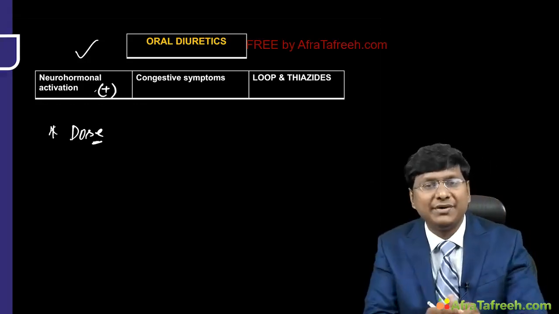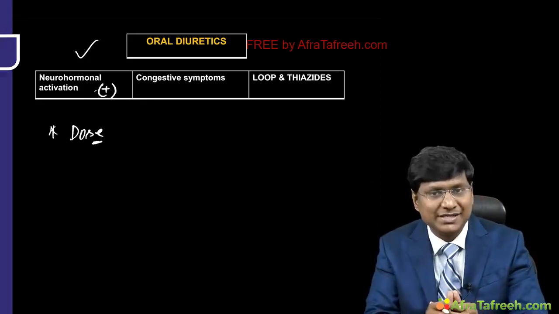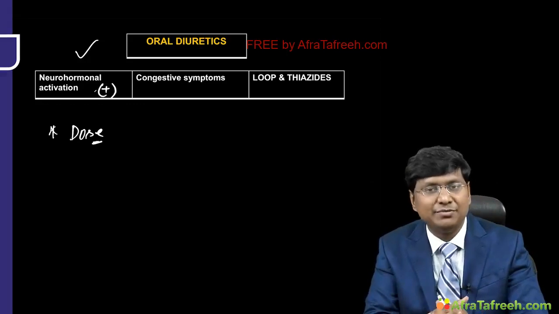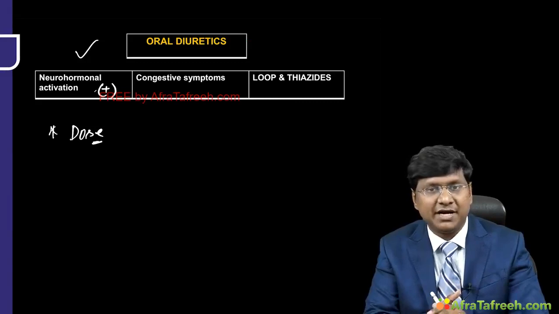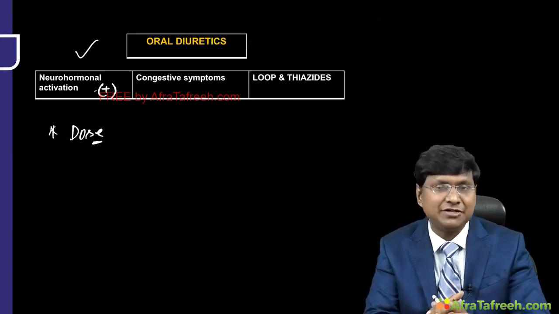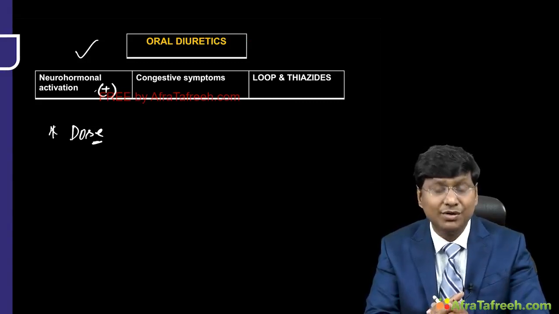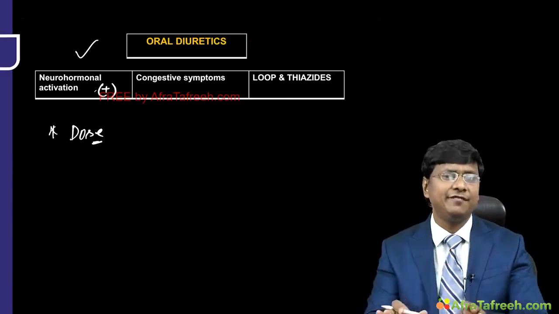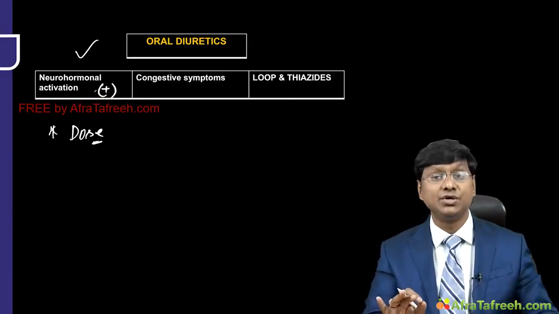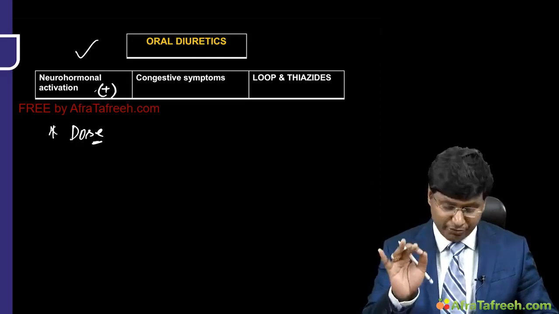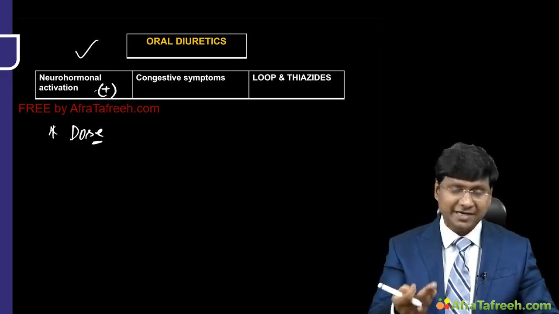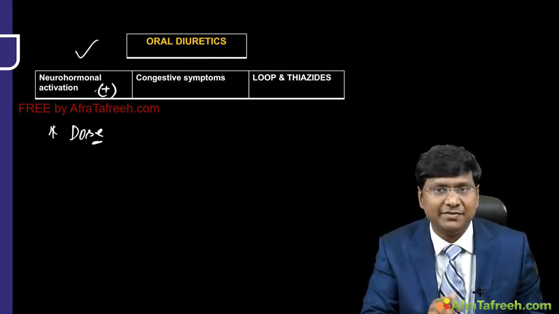Because diuretics cause diuresis, there is a decrease in fluid volume in the body and hypotension, which will cause activation of RAS and sympathetic activity. So you need to be very careful with the dosage of diuretics.